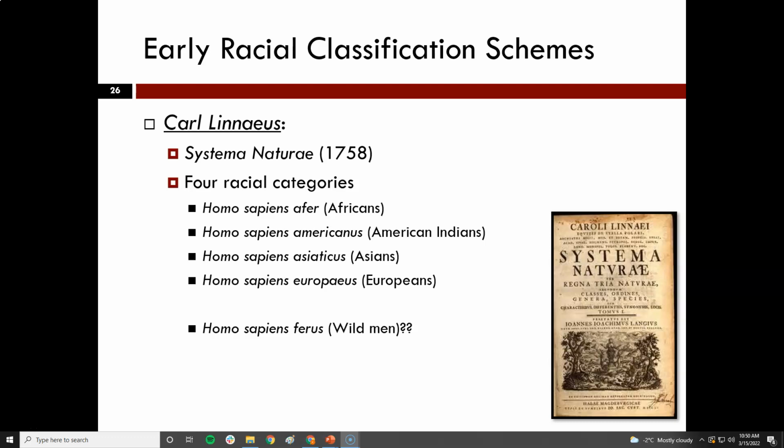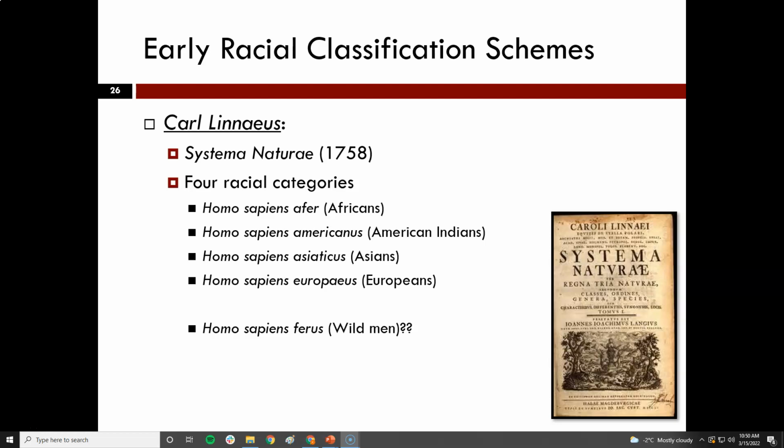This system is often recognized as the first scientific attempt to describe this variation that was now being seen and being reported back from the 16th century and the 1600s, and so into the 17th century as well. And so, again, it was his taxonomic classification system, and he placed humans into 4 major racial categories.